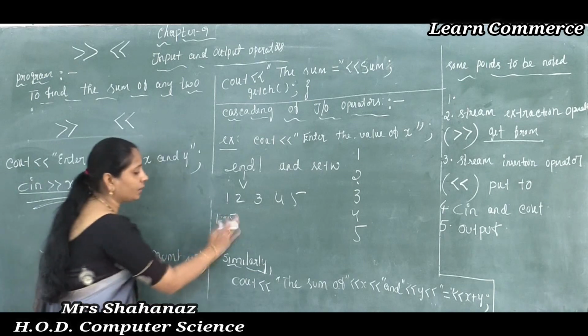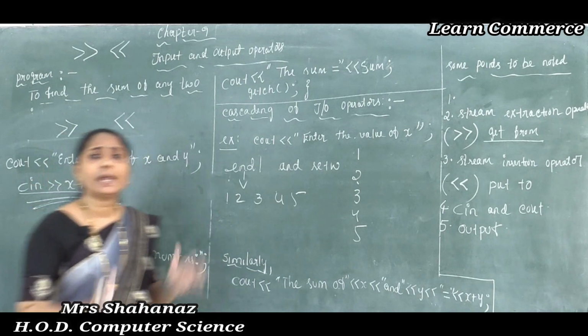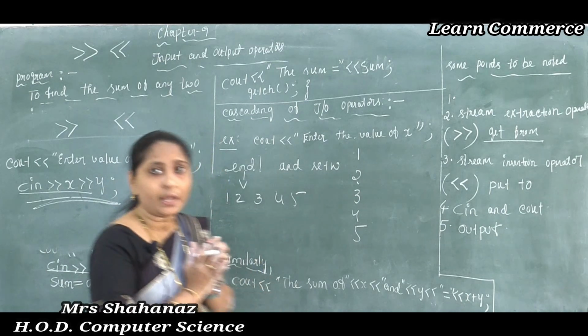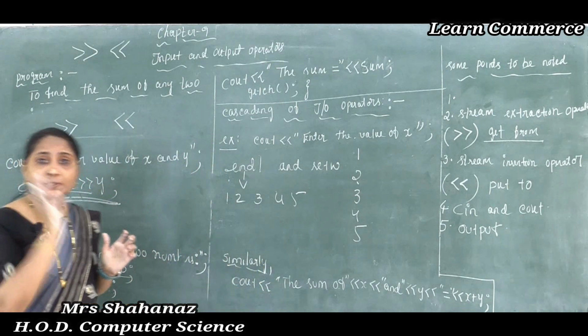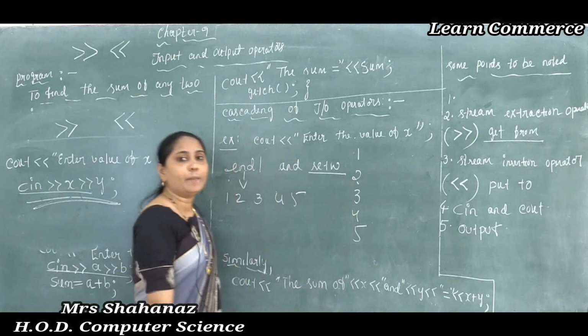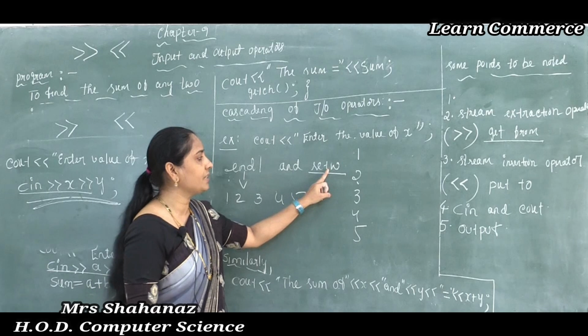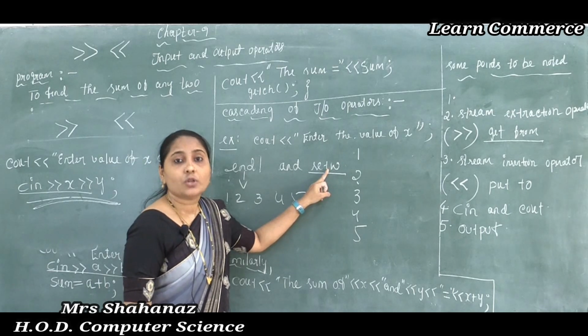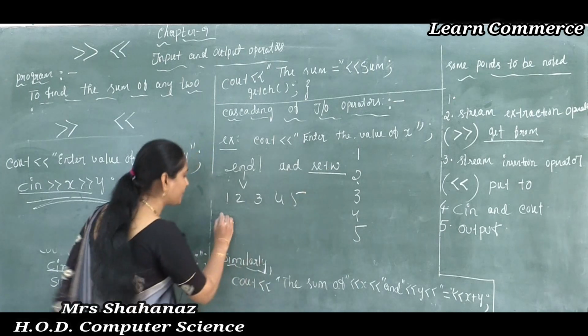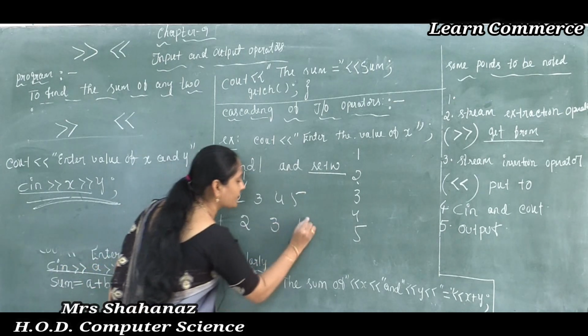No, we can't tell whether it's mixed numbers or separate numbers. So just to leave some space in between the numbers, we need to use a manipulator operator called setw. If you are using setw, then sure, it leaves some space in between the numbers. Clear this point here?